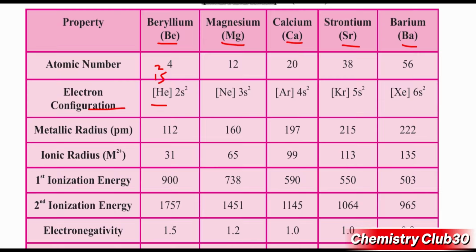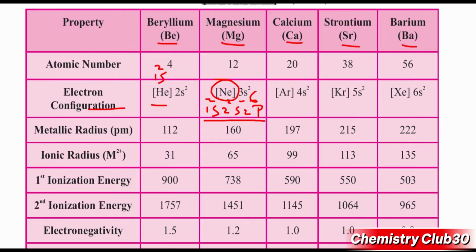For magnesium, atomic number is 12 and its electronic configuration is here. Neon means we have the electronic configuration representing 10 electrons, 1s2, 2s2 and 2p6. So instead of writing all of these details we will just write neon, and the valence shell is 3s2.